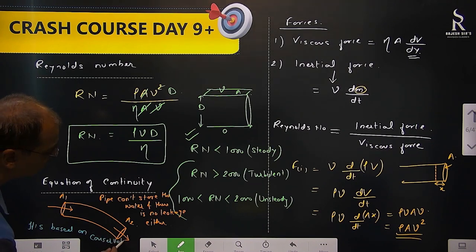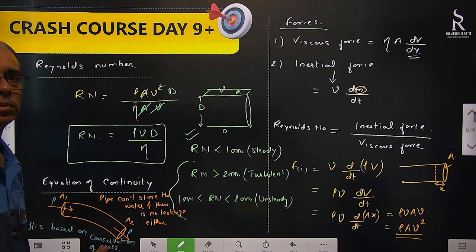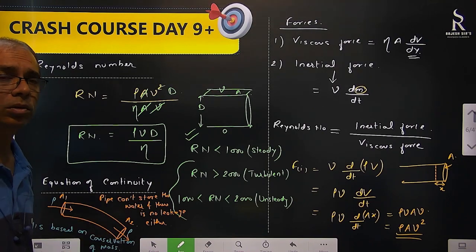Are we talking about steady flow? Yes. Whatever we are going to study is all about steady flow. Steady flow means density is the same here and here. So when we say mass flow is the same, density is already the same, so that means volume flow rate will be the same.